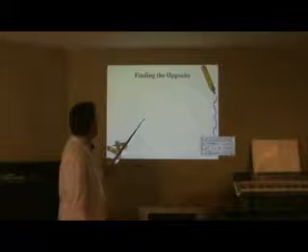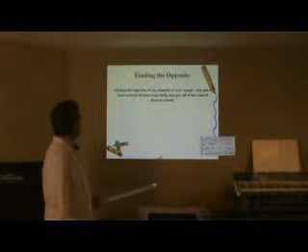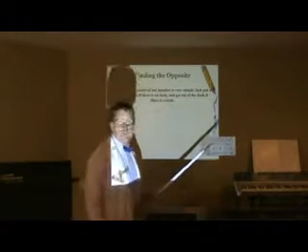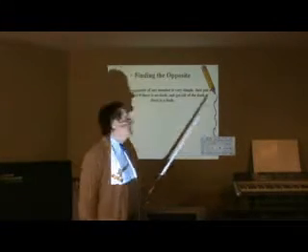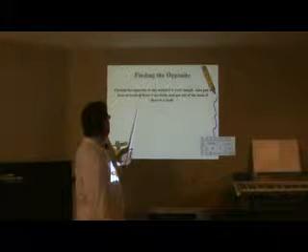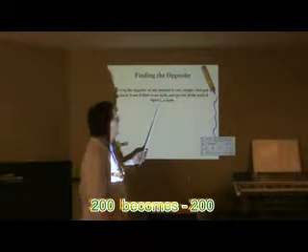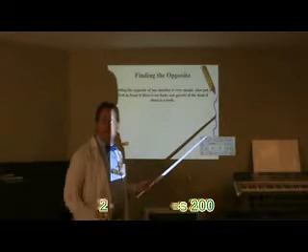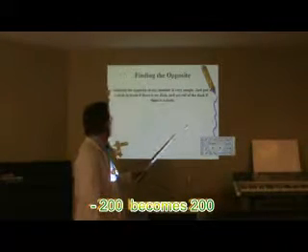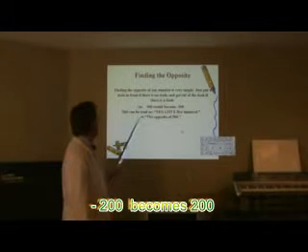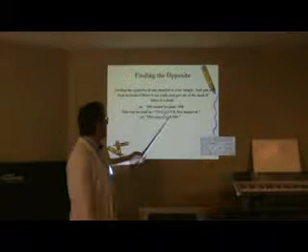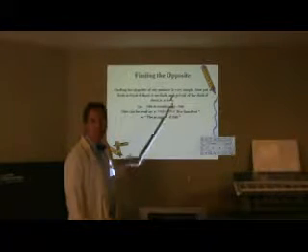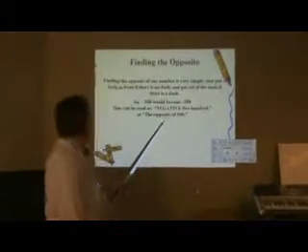Finding the opposite is first. Now, finding the opposite of any number is very simple. All you need to do is put a dash in front if there is no dash, and get rid of the dash if there is a dash. I try to keep things as simple as possible. So, for example, 500 would become dash 500, but would be read as negative 500, or the opposite of 500.